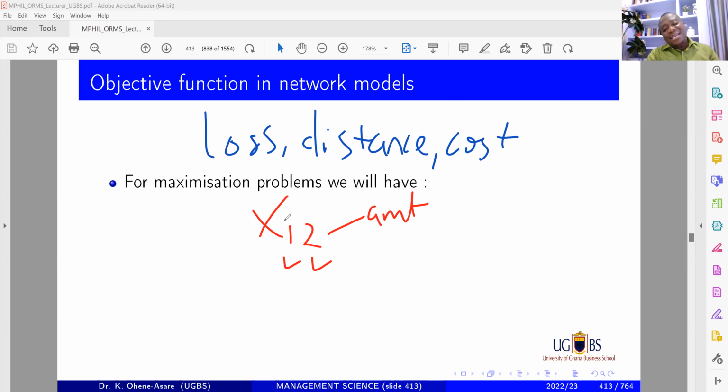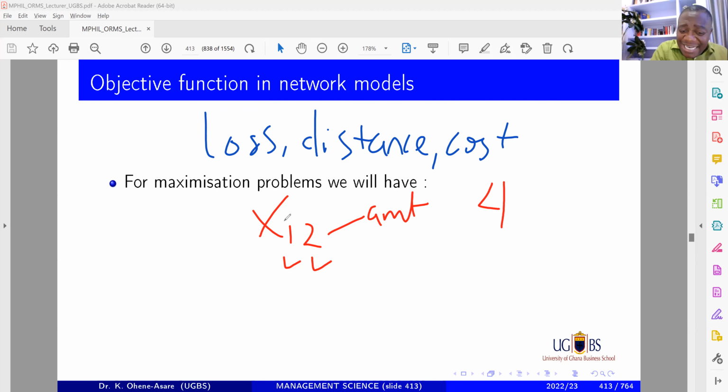But in sending the items from the supply node 1 to demand node 2, you will incur a certain cost. Let's assume that the cost is $4. So you're incurring a cost of $4 for sending.